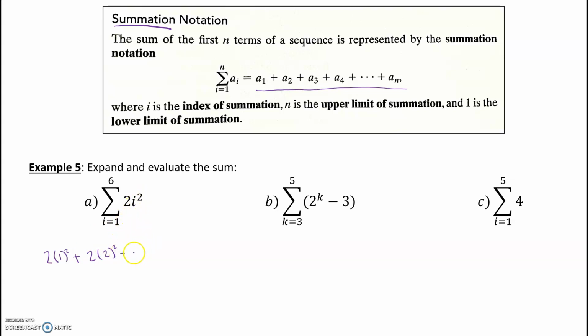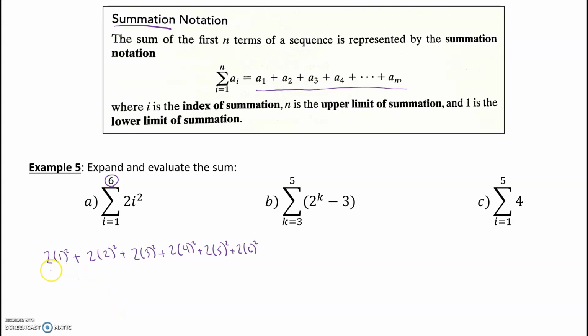1, 2, 3, 4, 5, I'm running out of room, 6. So all we did was we plugged in 1, 2, 3, 4, all the way up to 6. And summation means we're going to add them all up.